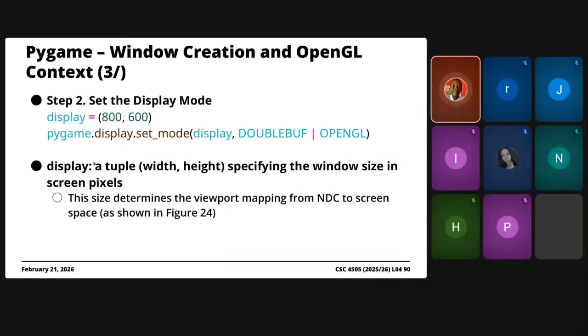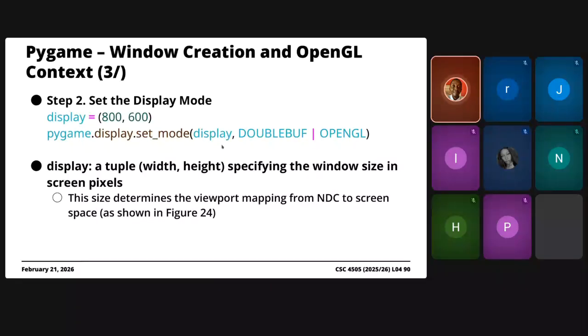It's worth mentioning that in this example code, I'm defining a variable called display, which I am then using as an argument in the pygame.display.set_mode function.